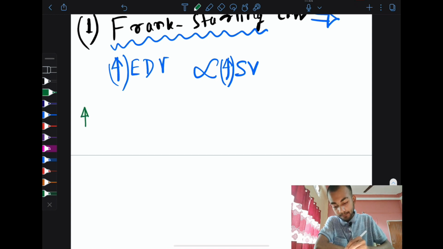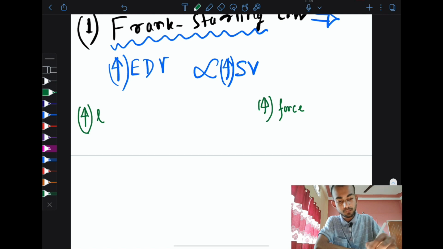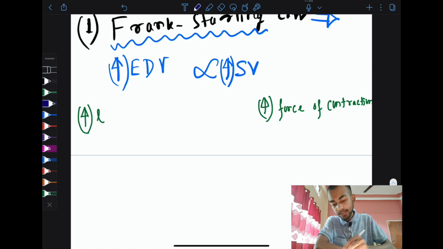Right? So another way of putting this Frank-Starling law is that with an increase in the length of the muscle fiber of the ventricle, there is increased force of contraction. Now, how is this possible, guys? Let us see the logic behind. If there is an increase in the end diastolic volume, that is, an increase in the amount of blood present at the end of diastole in a ventricle, then won't the length of the muscle fiber increase?